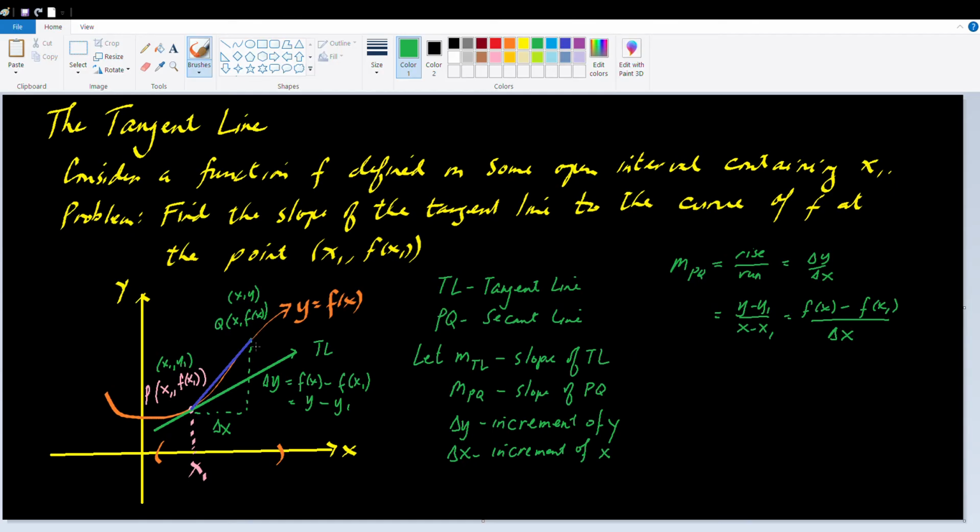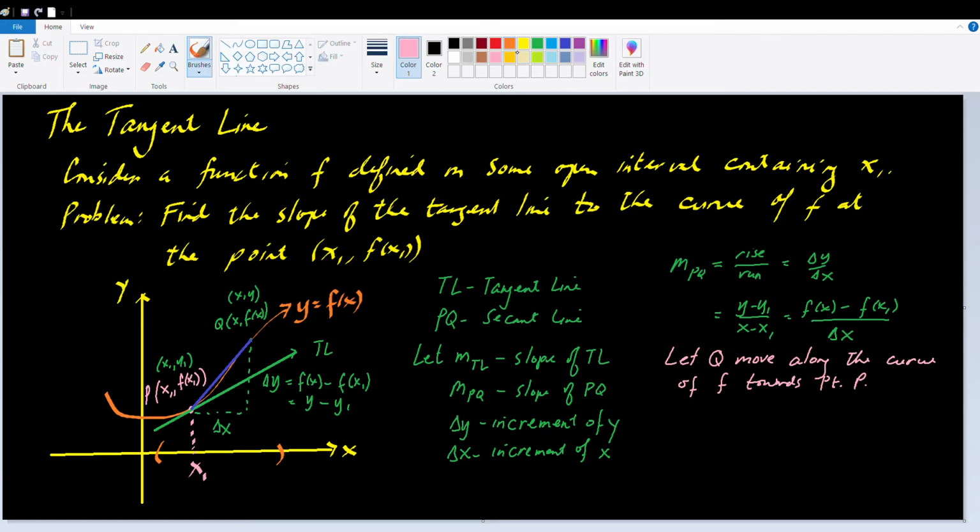What we do next is we allow Q to move along the curve of f towards point P. Let us see what will happen.